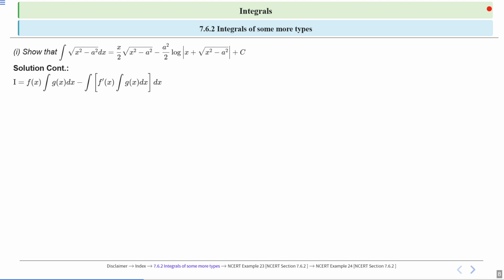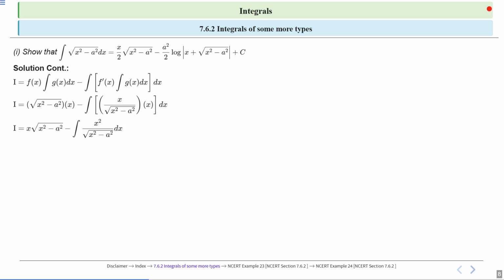As the value of f(x) is root under x² minus a², the integration of g(x) is x, and the differentiation of f(x) is x by root under x² minus a², just substitute all these values into the integration by parts formula and simplify.